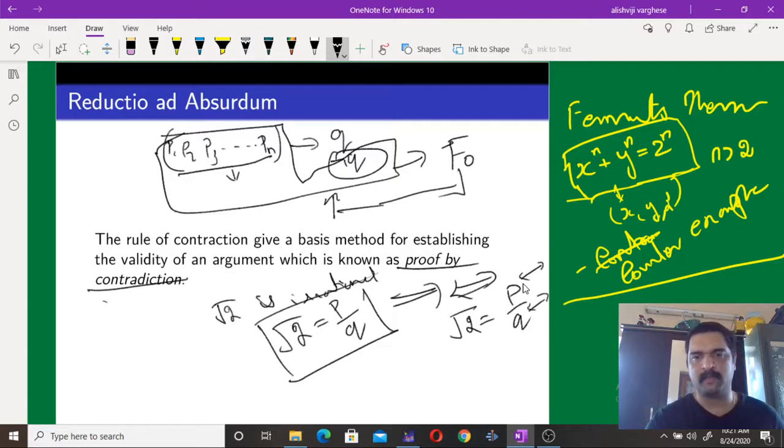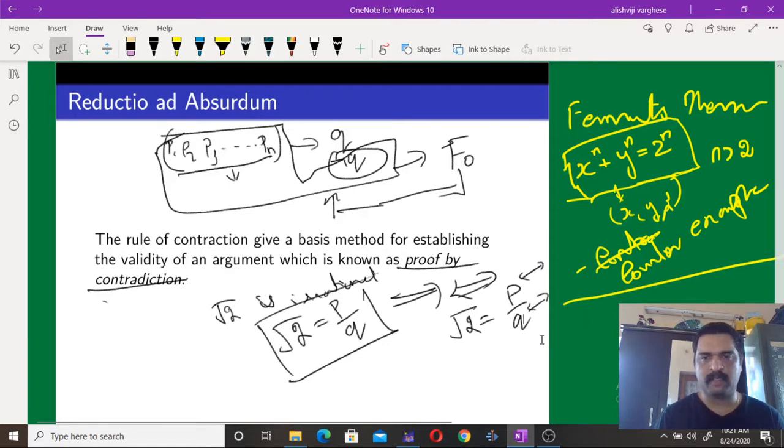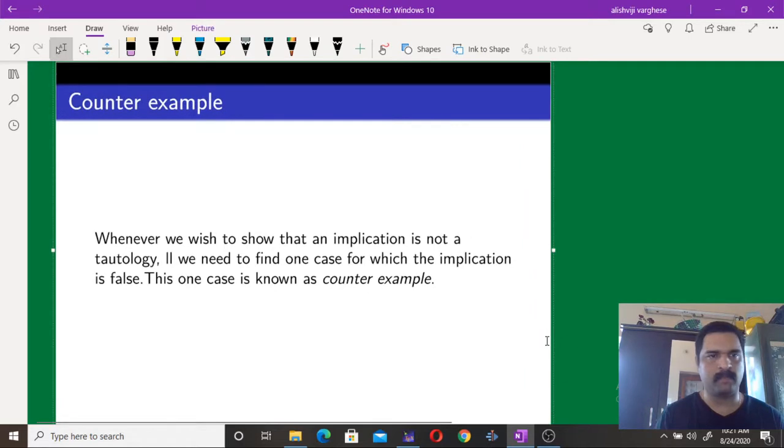That means P and Q are prime to each other, or they have no common factors. And try to obtain some contradiction from the expression that root 2 is equal to P by Q.